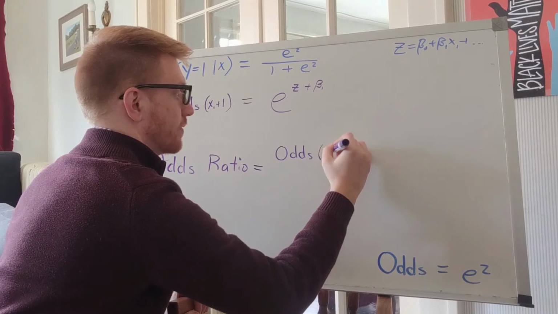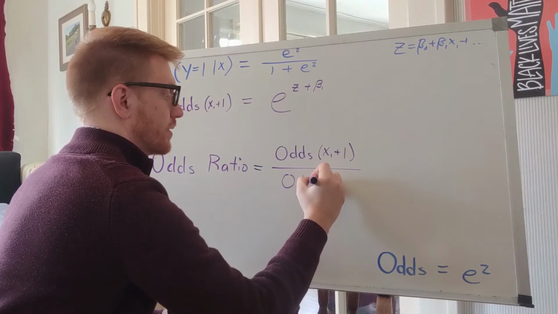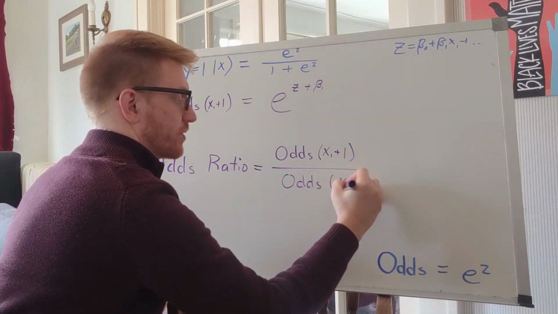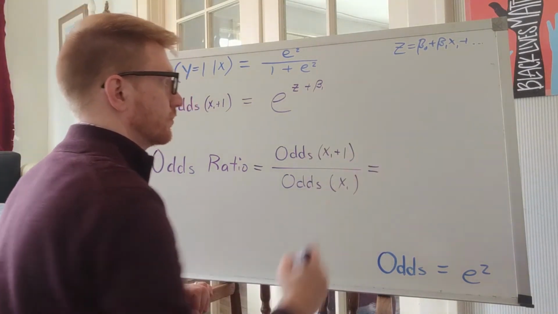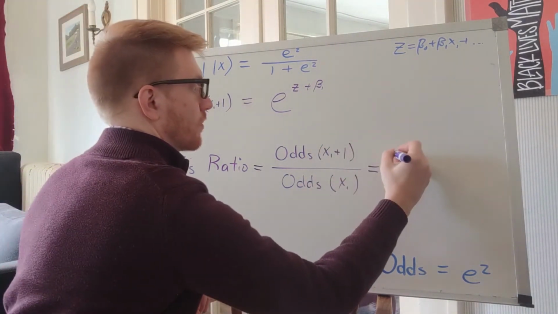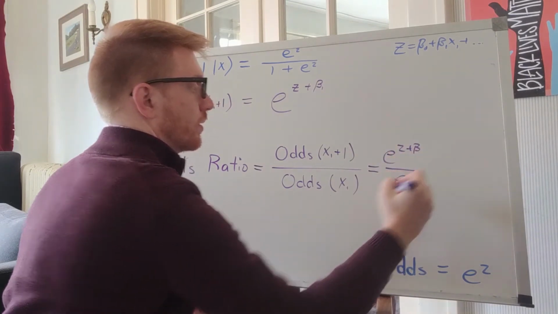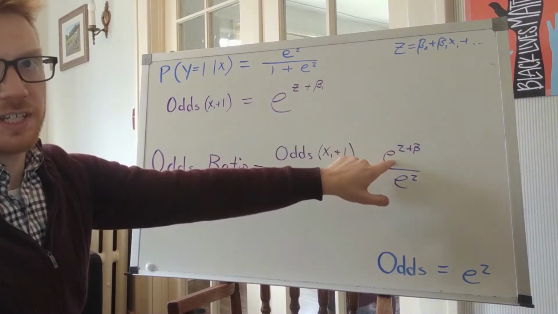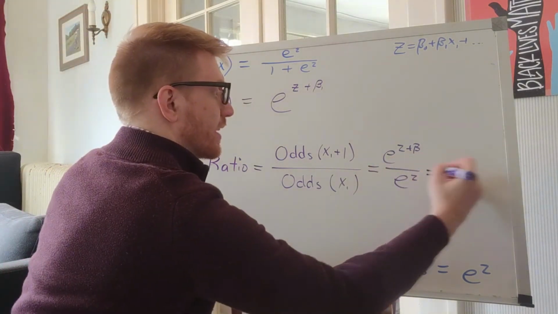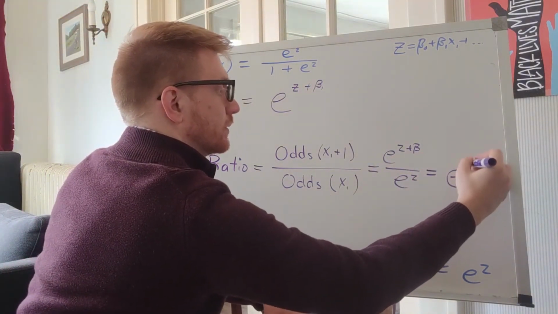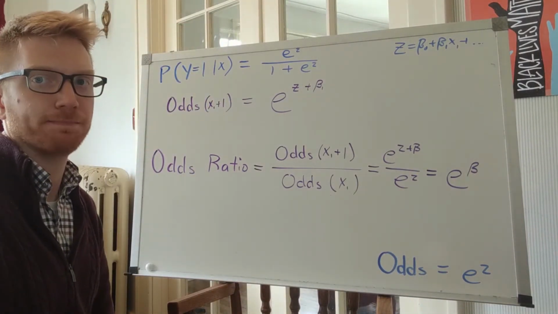So we have the odds where we're adding 1 to x1 over the odds where we are not, where it's just the original. And we have e to the z plus beta over e to the z. The z's cancel out, and we're left with e to the beta.